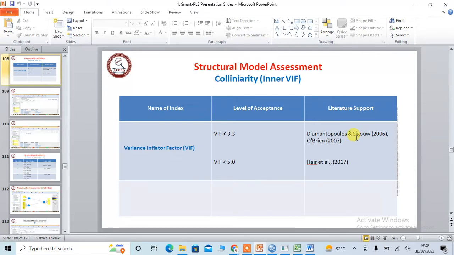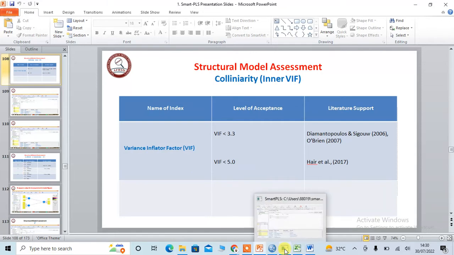Anybody can help me? Diamantopoulos and Siguaw. According to this author, it cannot be higher than 3.3. According to Hair, it cannot exceed 5. So this is called the variance inflation factor.